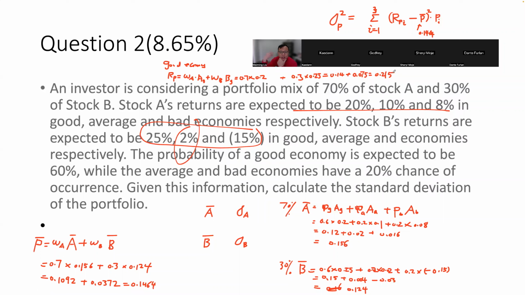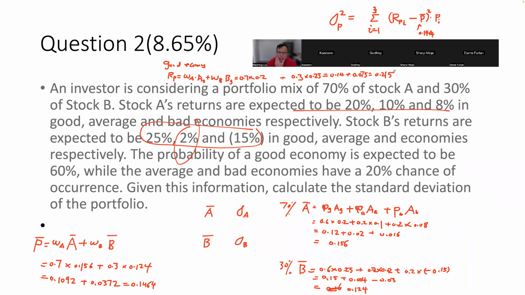In a good economy, the portfolio return will be somewhere between A's return and B's return. A's return is 20%, B's return is 25%, so my weighted average return of the portfolio is 21.5%.